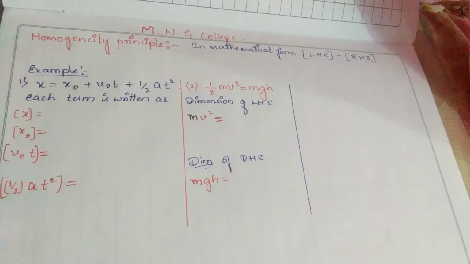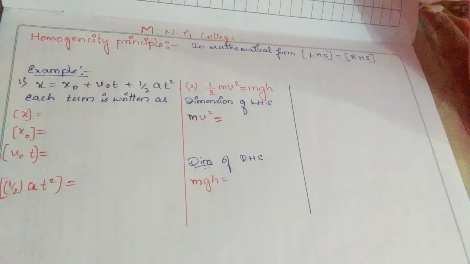Let us study about the homogeneity principle. Here we already studied about the dimensions. In the textbook you have checking the dimensional consistency of equations. That means the magnitudes of physical quantities may be added together or subtracted from one another only if they have the same dimensions.